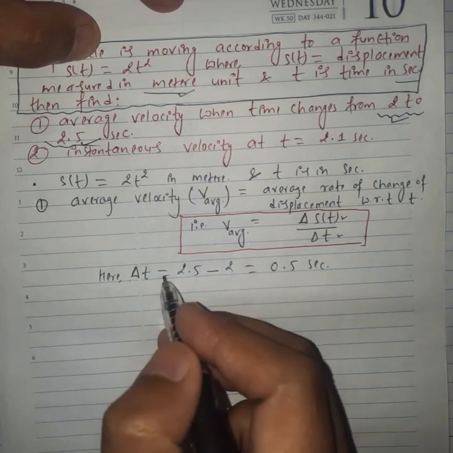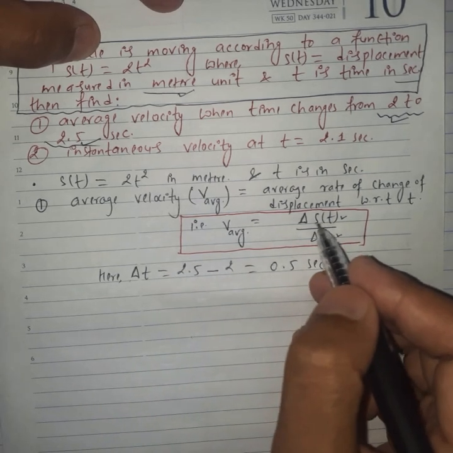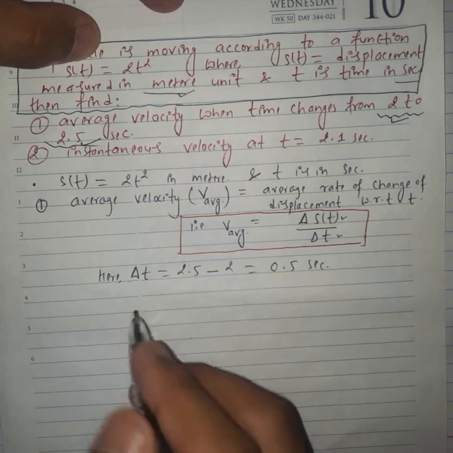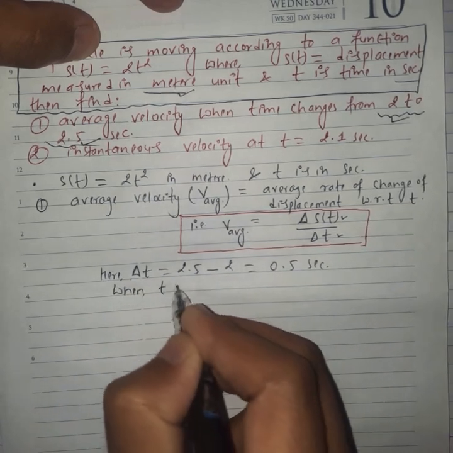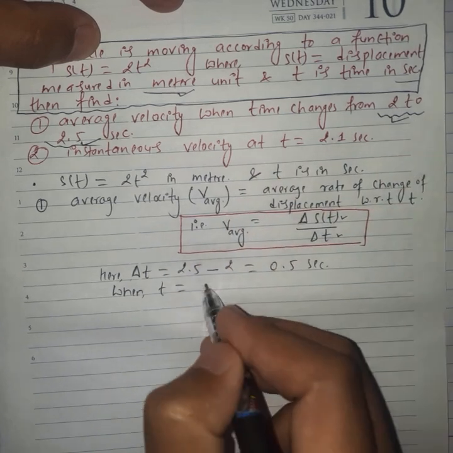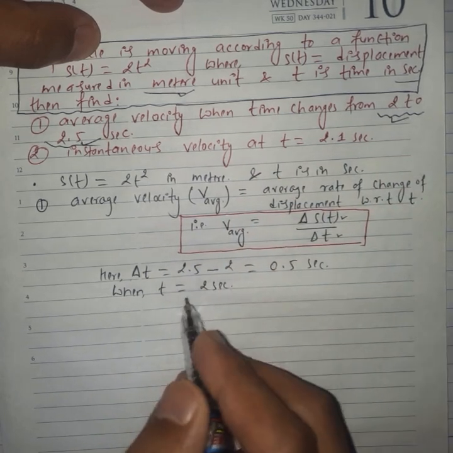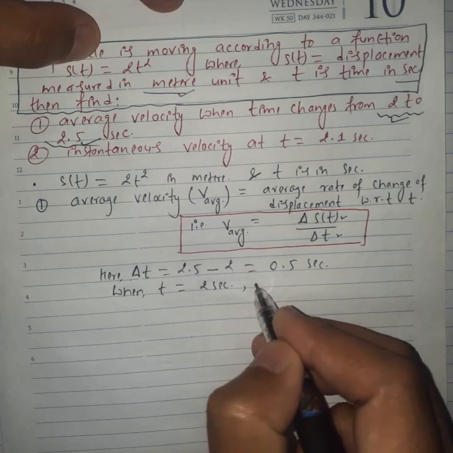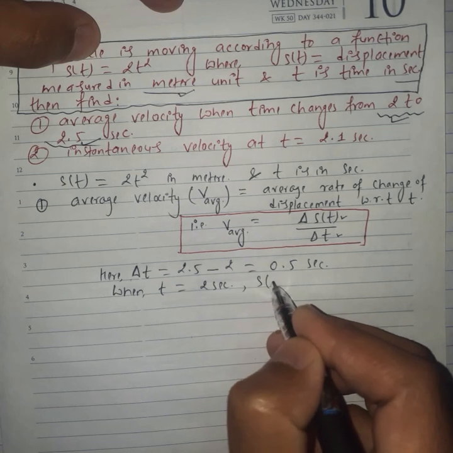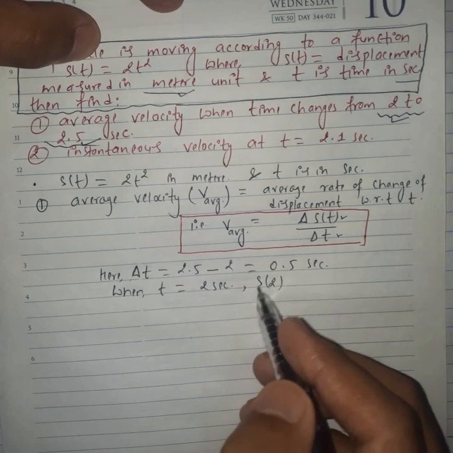And let's calculate the change in the displacement due to this time. When the time takes the initial value of 2 seconds, the corresponding displacement is s of 2.